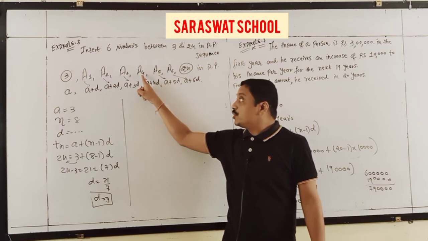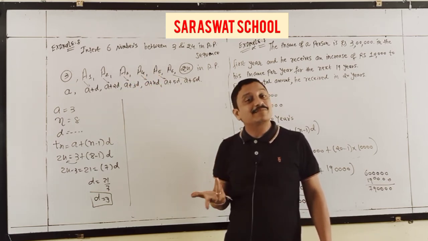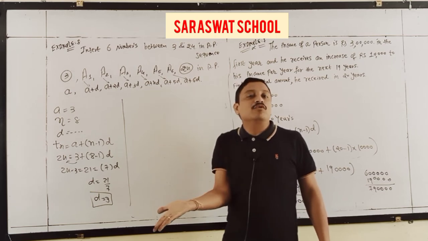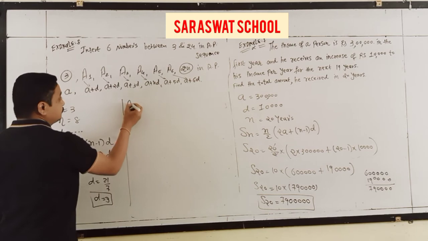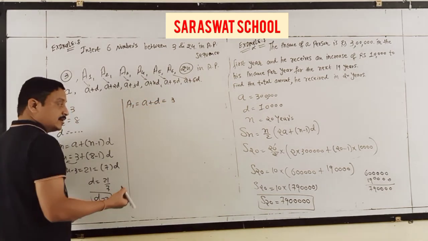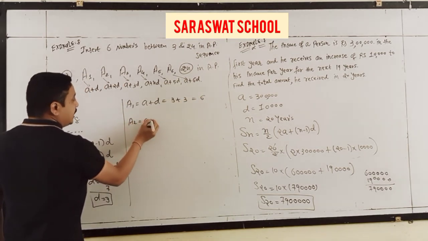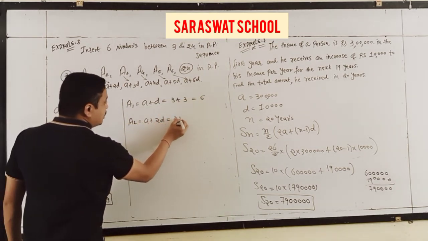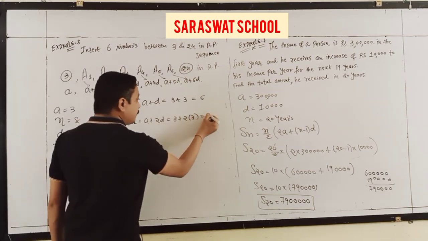Now I want the 6 numbers between 3 and 24 in AP. These are called arithmetic means between 3 and 24, at equal distance. First, A1 is a plus d: a is 3, d is 3, so 6. A2 is a plus 2d: 3 plus 2 times 3, 6 plus 3, 9.